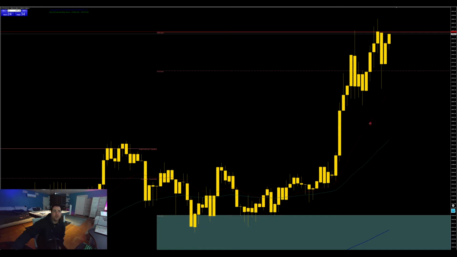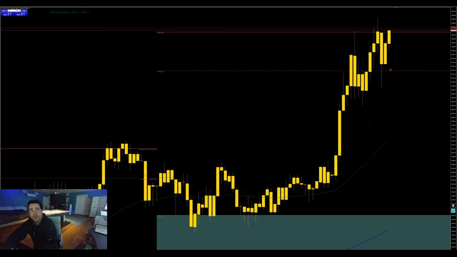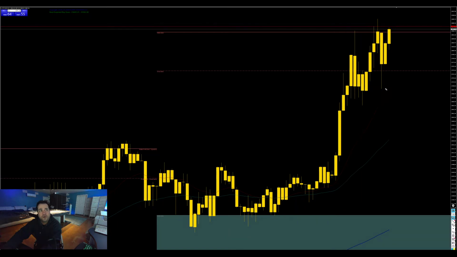Yeah, we're just taking a look at Bitcoin here. Making another go for it. This is a beautiful, gorgeous wick right here. Another one right there, following that 21. A little bit of volume coming in now. See if we can break these highs right here.